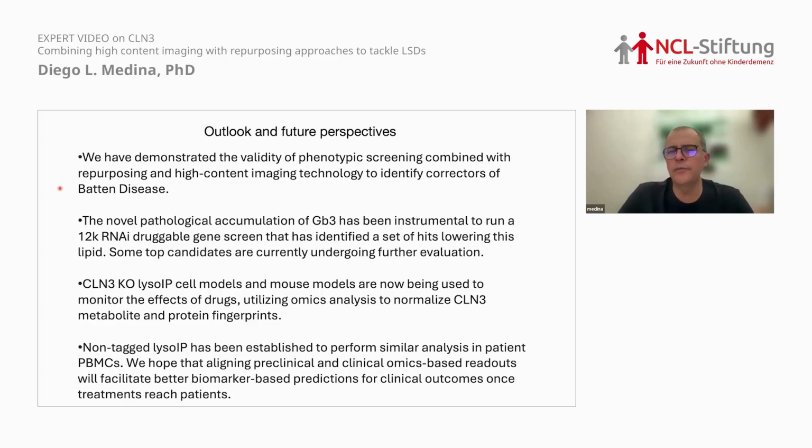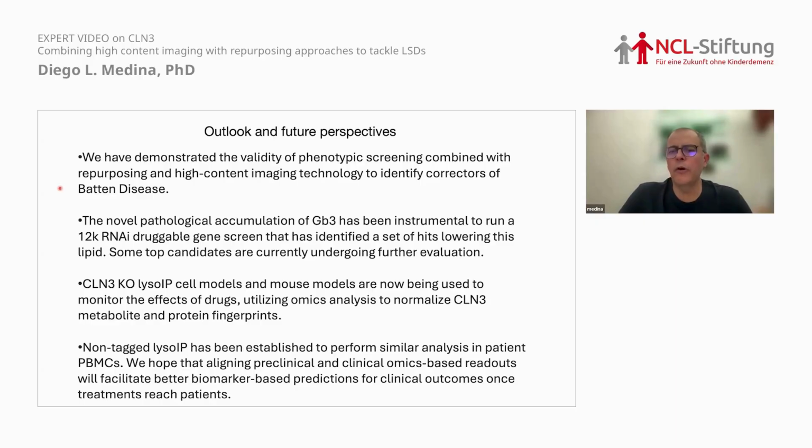So we are using the GB3 assay in order to perform target discovery using small interference RNA screening. The CLN3 knockout lyso-IP technology, both in vitro and in vivo, is now being used by my lab to monitor the effects of specific drugs, such as tamoxifen.